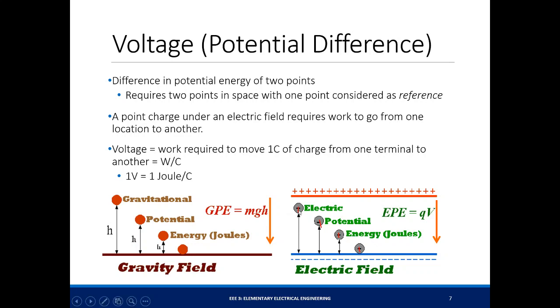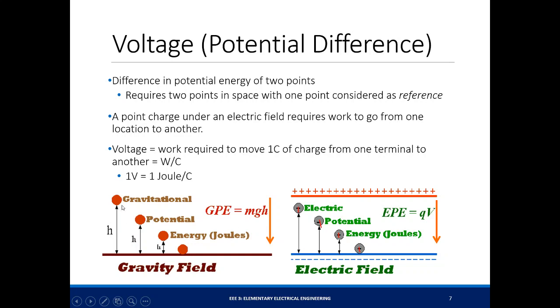And also, as you can see, the positive charge actually moves nearer to the positive charge here at the railings. As you know, the positive charges repel each other, and if you force the positive charge to move closer to the positive charge, you create more potential energy. So that's the only difference between your EPE and your GPE.